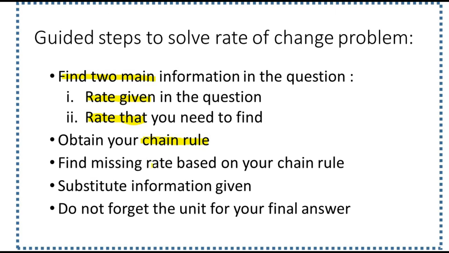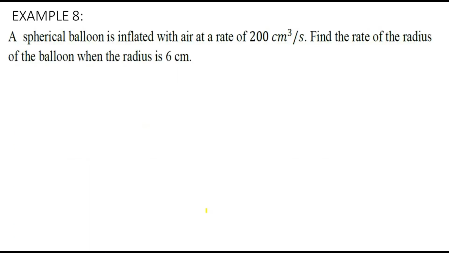Then, based on the chain rule, we can find the missing rate. Then we can substitute the information given, and for the final answer, do not forget to put the unit. So let's do some exercises.